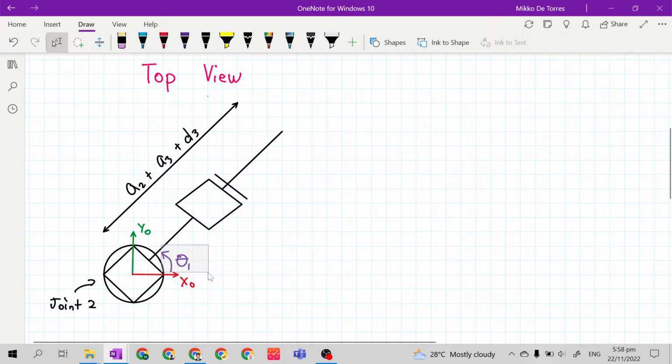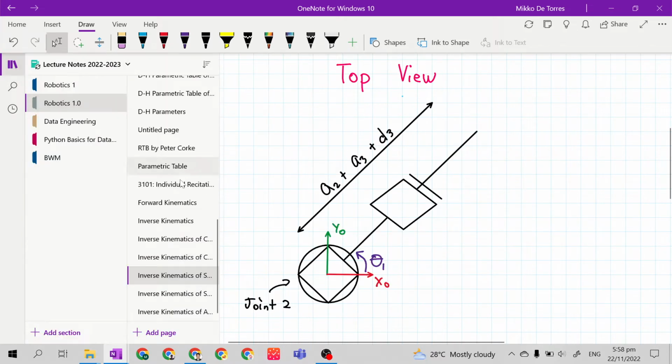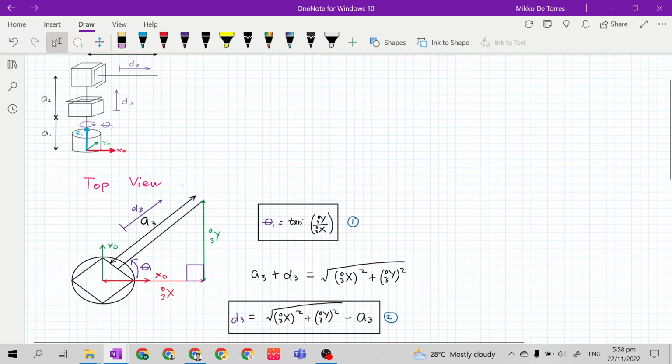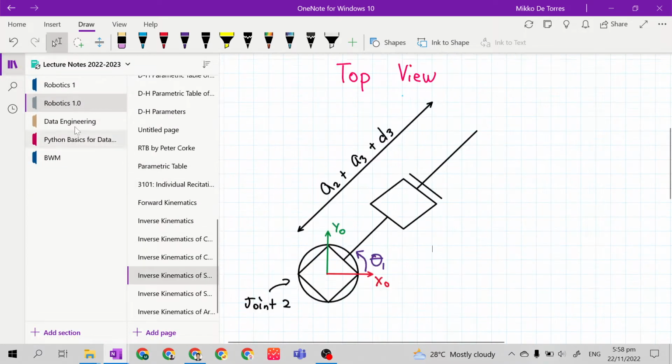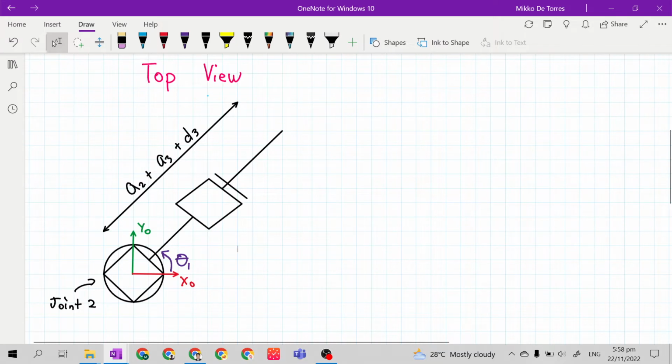I just did it so that we can have a right triangle. This figure is much like the cylindrical manipulator's top view, so we will have the same solution for getting the theta 1.